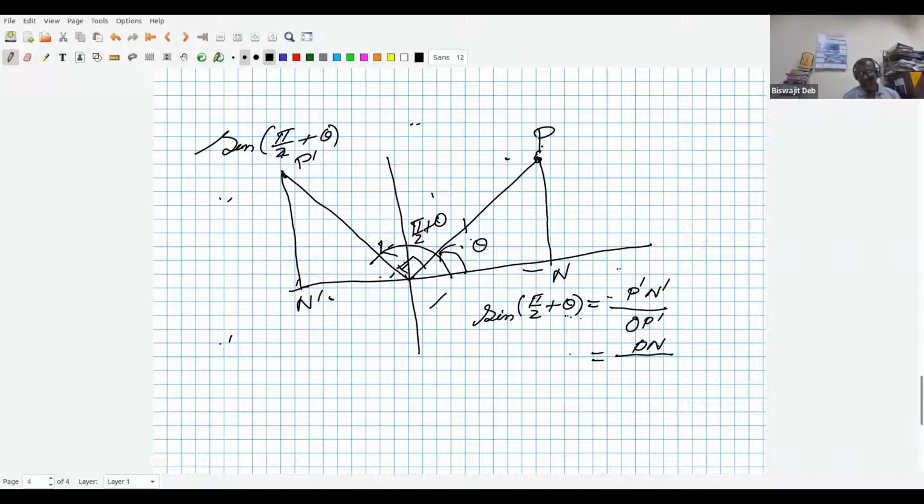Using geometry, we can say that Pn and P dash n dash are the same in magnitude, so their sign is the same. That's fine. But what about On and On dash?